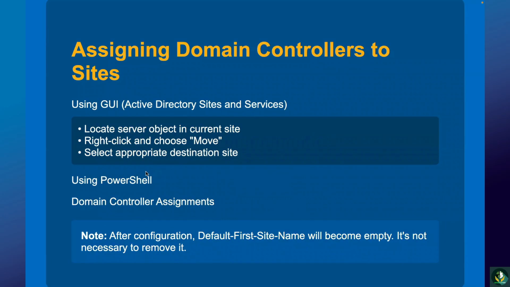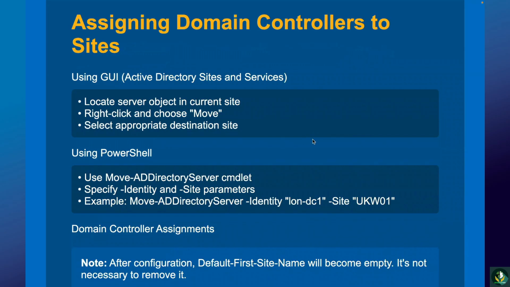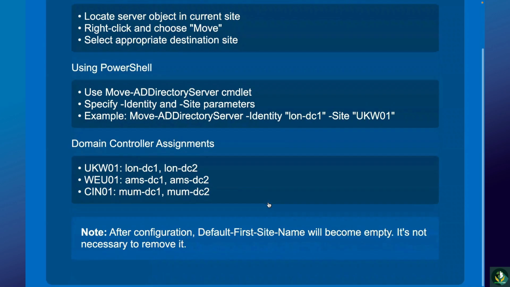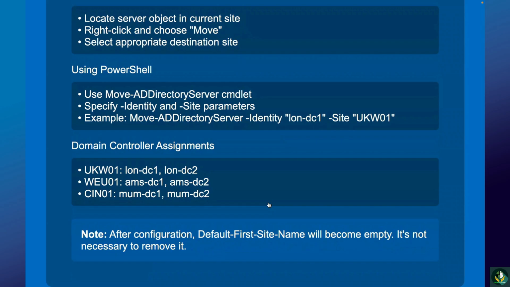We can use PowerShell to assign domain controllers to sites with the Move-ADDirectoryServer cmdlet, and we'll be working with these domain controllers: LON DC1, DC2, AMS DC1, DC2, and MOOM DC1, DC2. After configuration, the default first site name will become empty, and it's not necessary to remove it, but we can remove it if it's not needed.